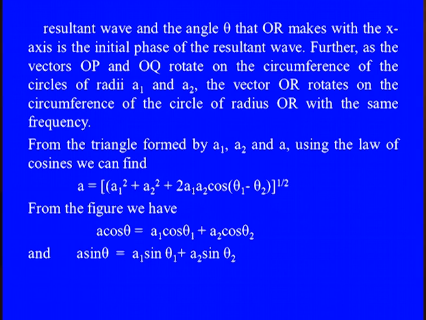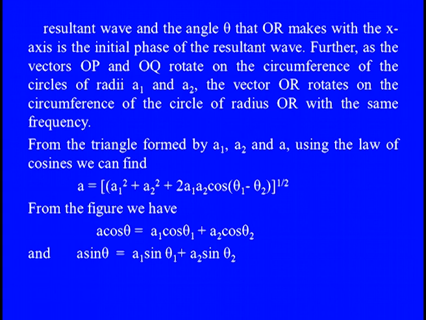From the triangle formed by a1, a2 and a, and using the law of cosines, we can find the amplitude of the resultant wave A equal to root of a1 square plus a2 square plus 2 a1 a2 cos(theta 1 minus theta 2).